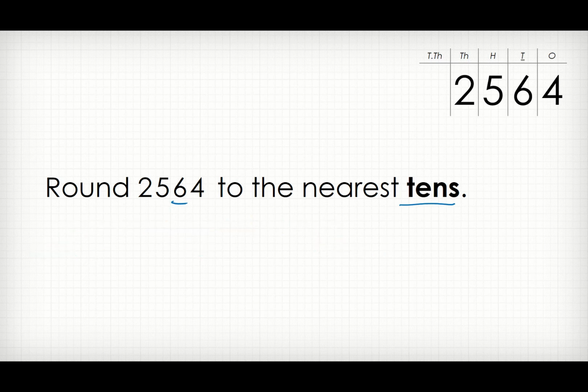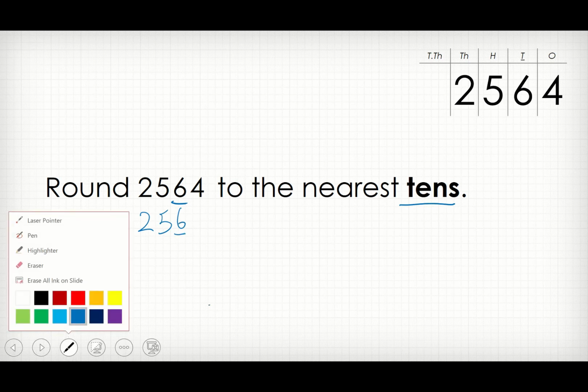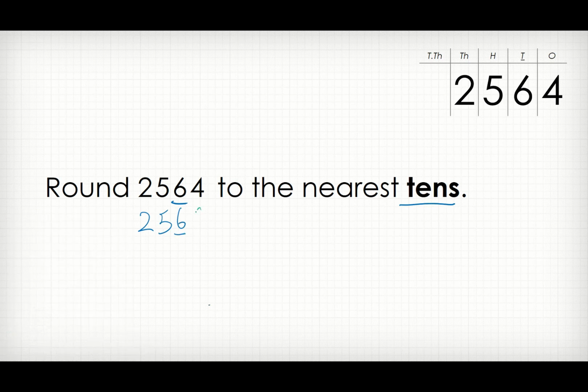So how can we work out the lower tens and upper tens without drawing a number line? Okay, a trick that we are going to learn today to find the lower tens first is to keep the digits on the left and replace all digits on the right, there's only one digit on the right, with zeros.